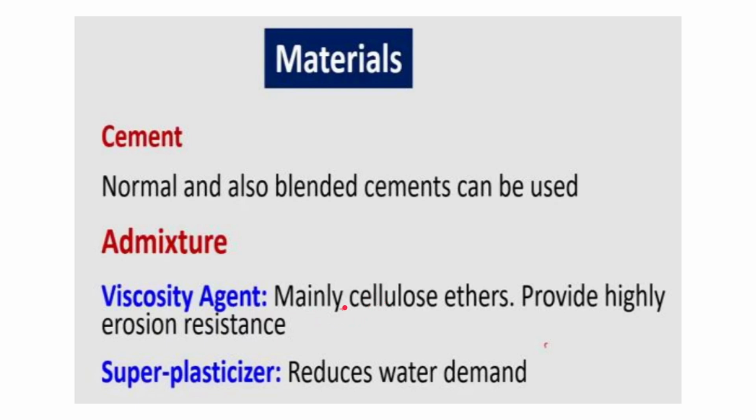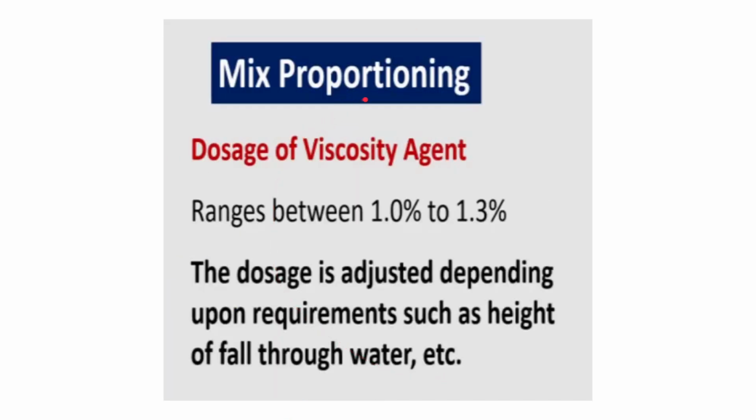That is mainly cellulose ethers, which provide high erosion resistance, and the superplasticizer, as we all know, reduces the water demand. For the mix proportioning, as we just studied, the viscosity agent dose ranges between 1 to 1.3%, but that is adjusted depending upon requirements such as height of fall through water, running or still water, etc.